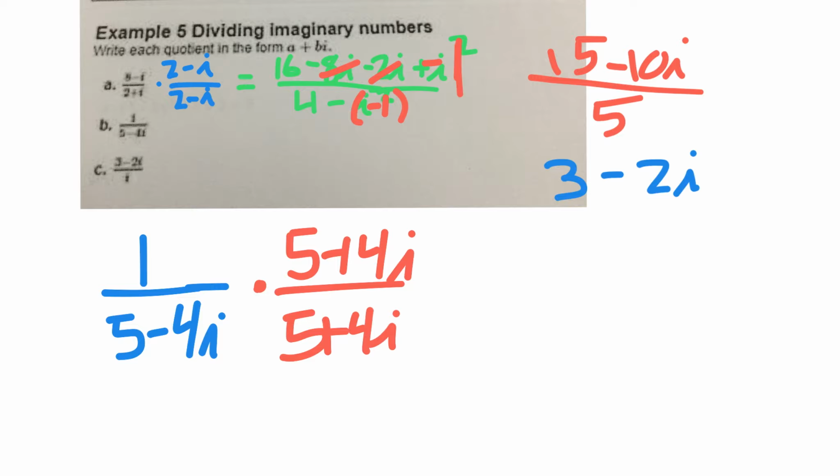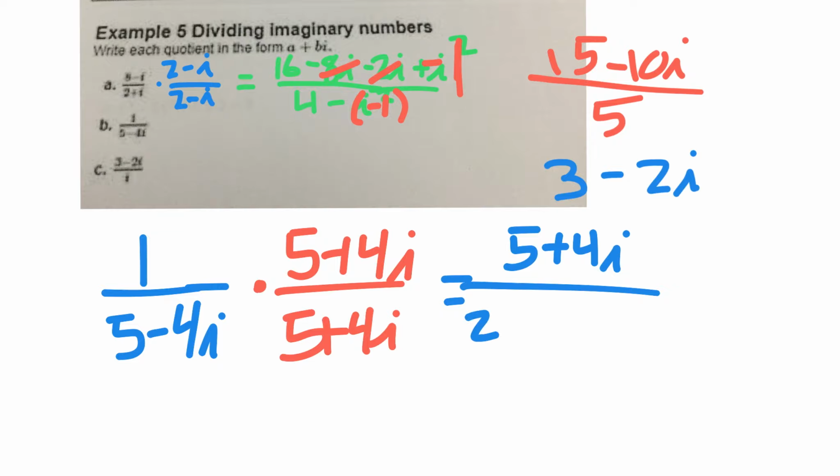Because the denominator will now become a real number. We can't divide by an imaginary number, so we're going to make it real. Now distribute. The numerator is 5 plus 4I. The denominator is 25 minus 16I squared.